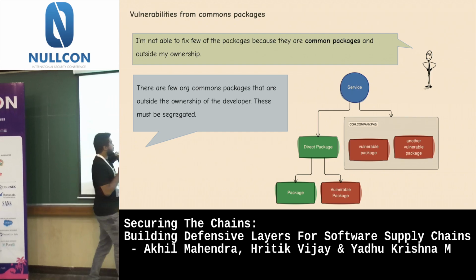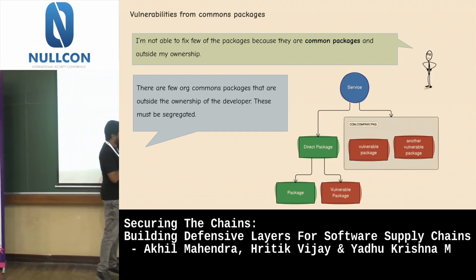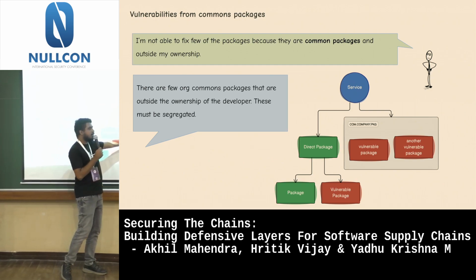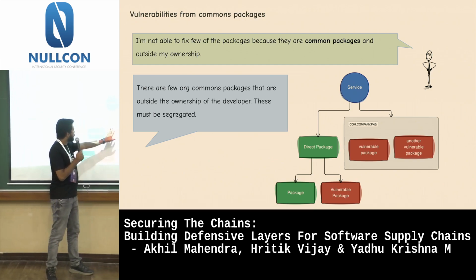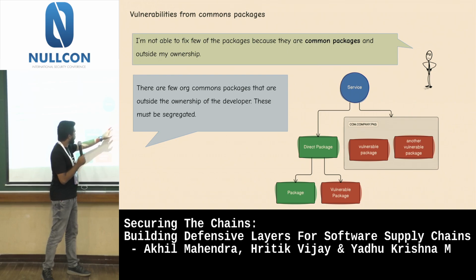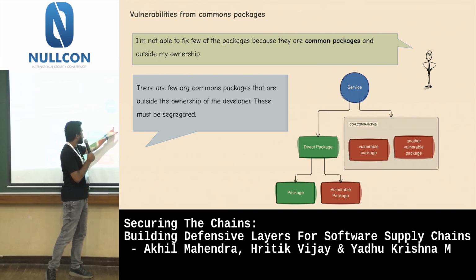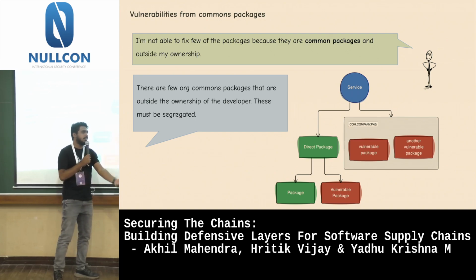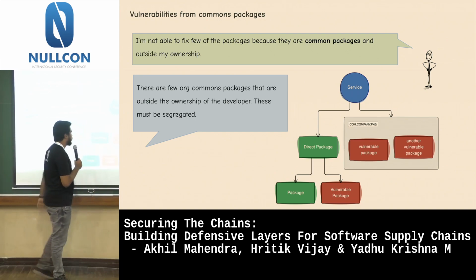So let's take this example and see. There is a microservice. It is importing a direct package and a shared package. If you are not able to read, it's some com.company.package, and it has two vulnerable packages, which are transitively imported.